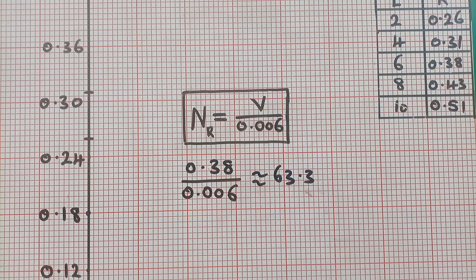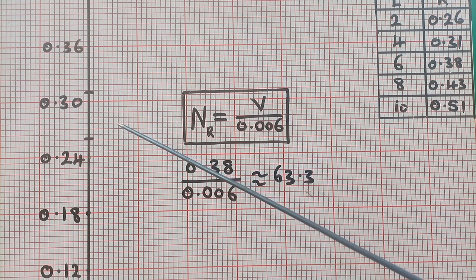That means to locate this 0.38, we count 63.3 unit boxes from this origin along the y-axis, that is the vertical axis.